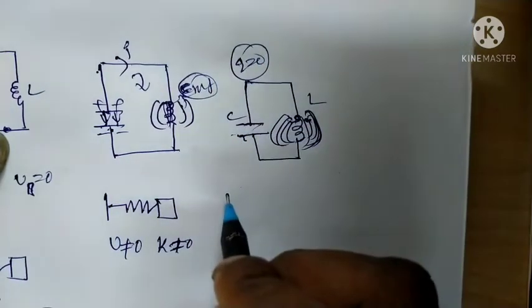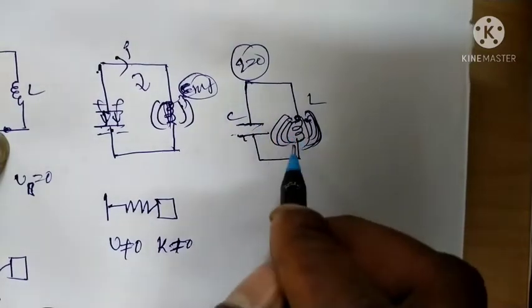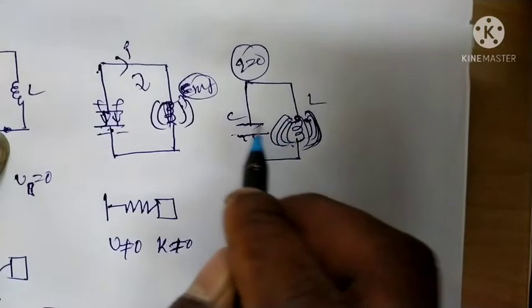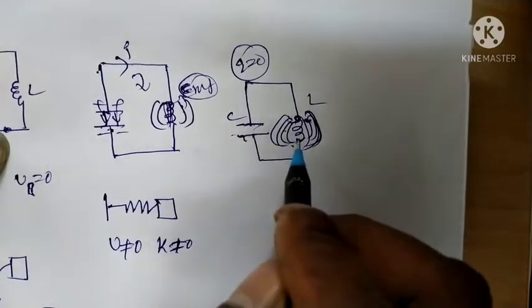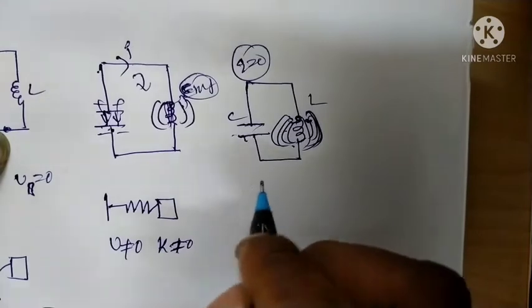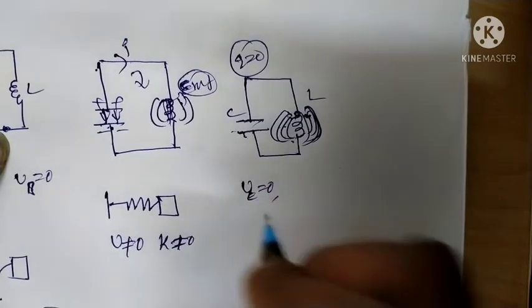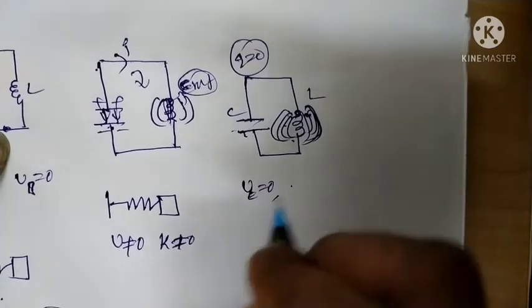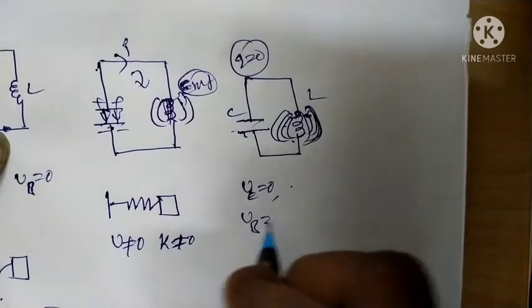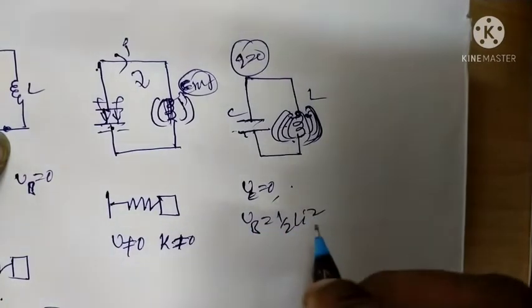There is no charge in the capacitor, it has discharged, and the electrical energy is completely converted into magnetic field energy. In this third case, the energy stored in the capacitor is 0, and the magnetic field energy is half Li square.